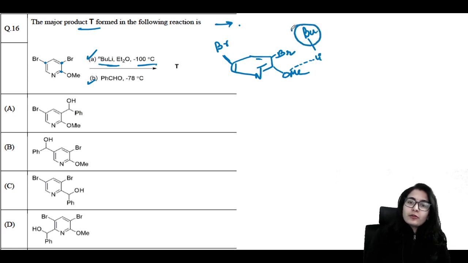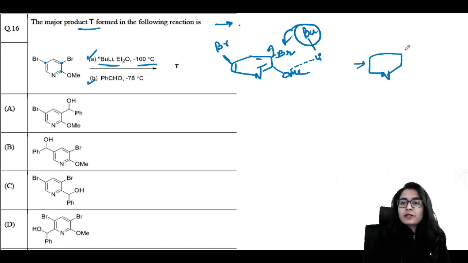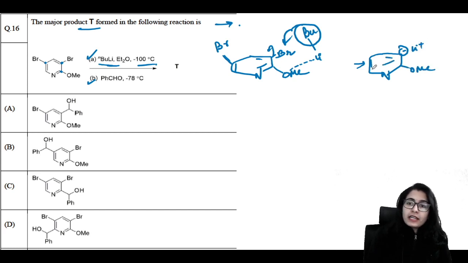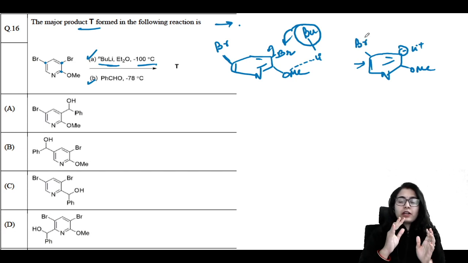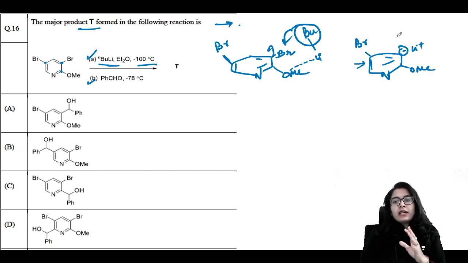So this butyl group is going to take away the bromide from over here, and your answer is going to be like this: negative and lithium positive connected over here. It is not ortholithiation because we are not removing a proton, we are doing halogen exchange, but this bromine which is closer to this oxygen is going to be removed.